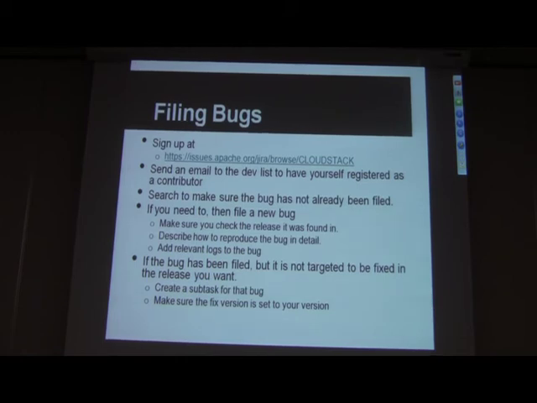But if you found a similar bug, or the bug has been filed but it's not targeted to be fixed in the release that you want it fixed in, then you can create a subtask for that bug on issues.apache.org, and in the subtask you can specify the version that you want.